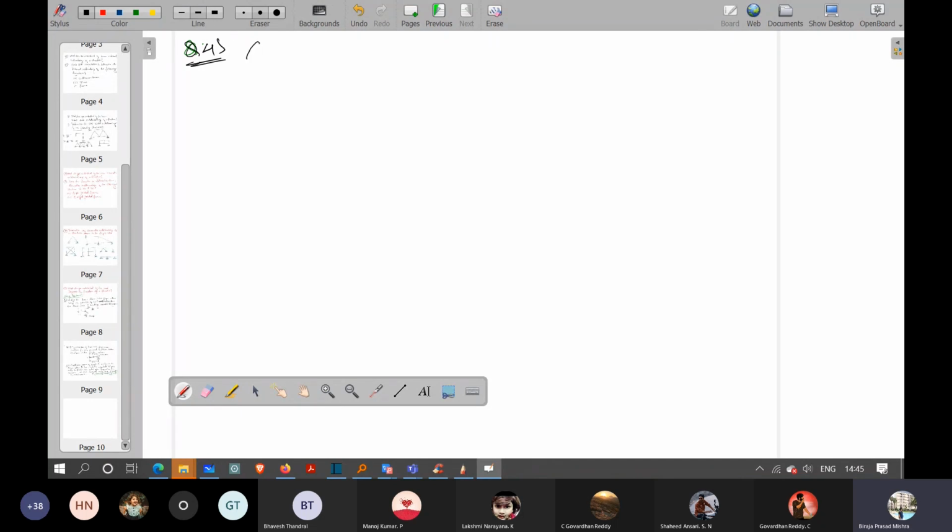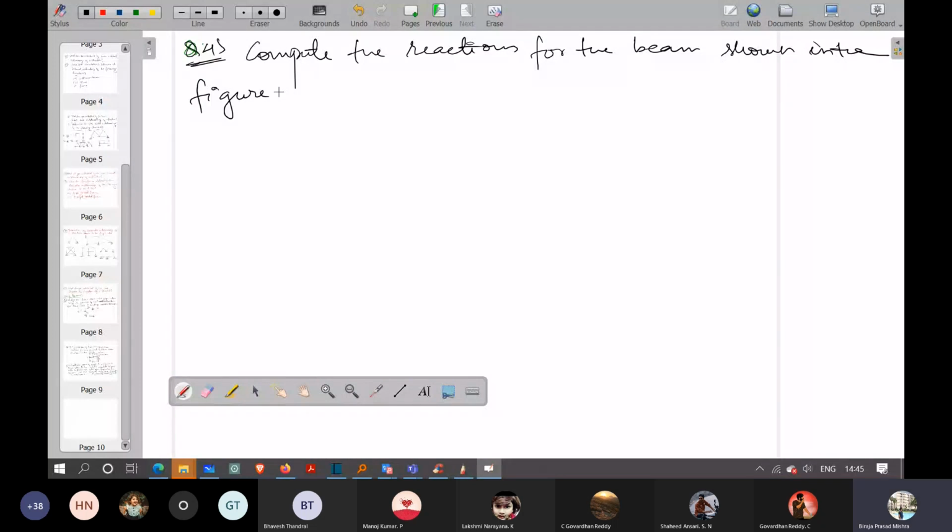Question number 4 is compute the reactions at A, or compute the reactions for the beam shown in the figure below using the strain energy method.